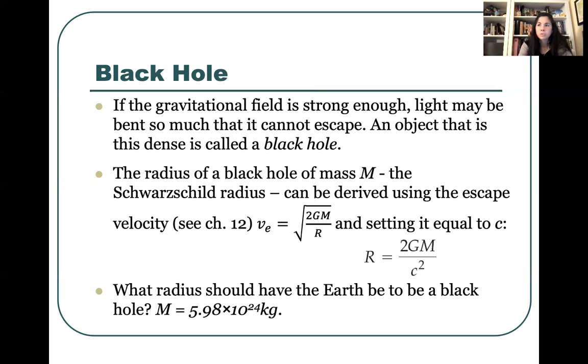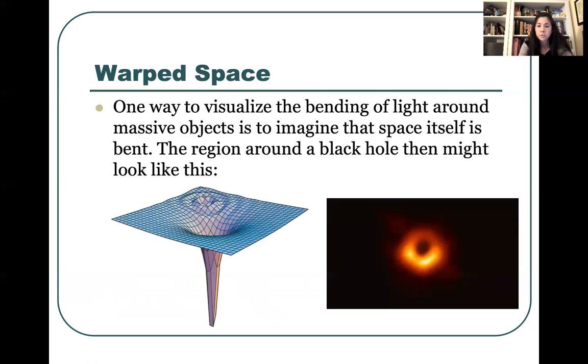And the cool thing is, last year we had this brilliant picture that was taken for the first time of a black hole. So it looks a little bit blurry, but you may have seen this one. It was going around the internet a lot, because it was the first time ever that we were able to see a picture of a black hole, and you can see essentially the radius there.